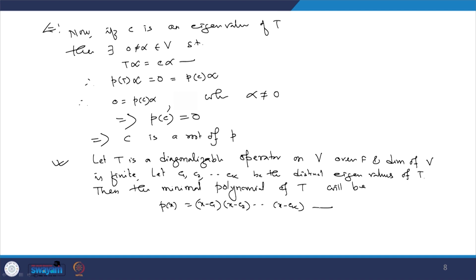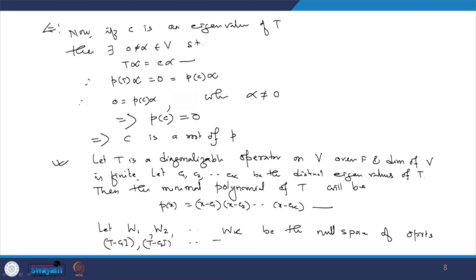This result is coming as a consequence of the following. Let W1, W2, ..., Wk be the null spaces of the operators T minus c1I, T minus c2I, ..., T minus ckI.